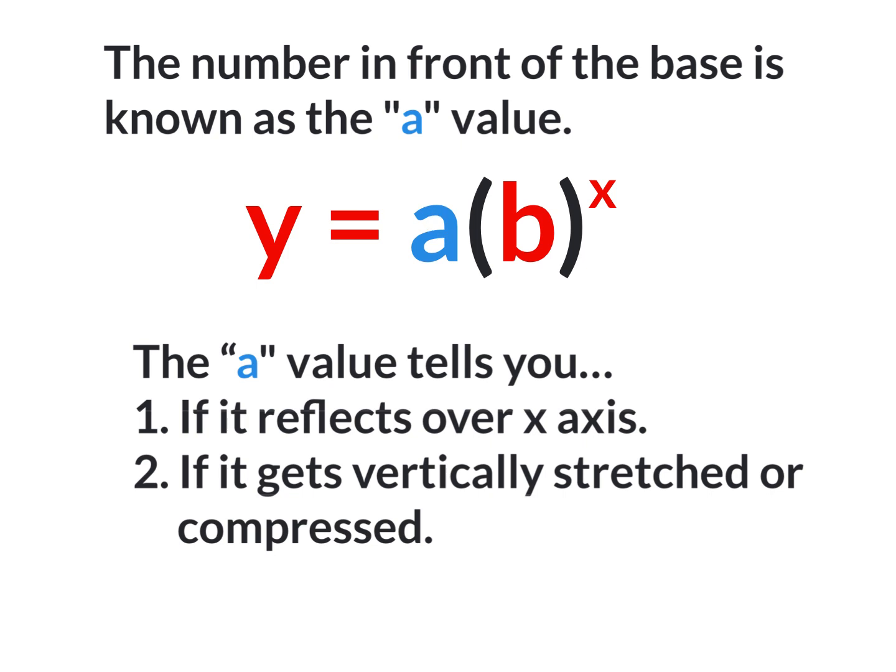Okay? So if I took a look at y equals, let's say, 1/10, parentheses 2 to the x power, I know that the original graph, y equals 2 to the x, what happens to it? Does it get stretched or compressed?